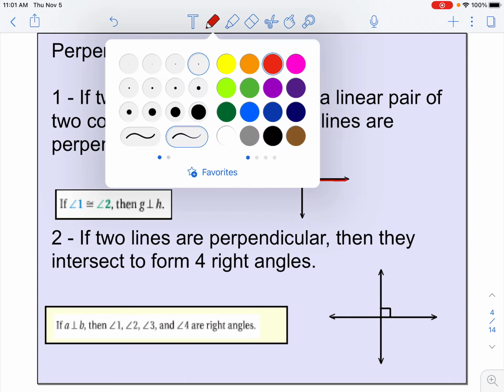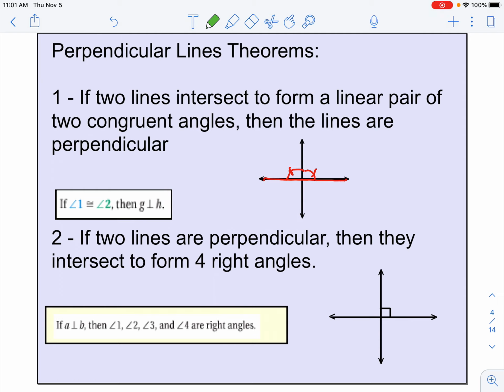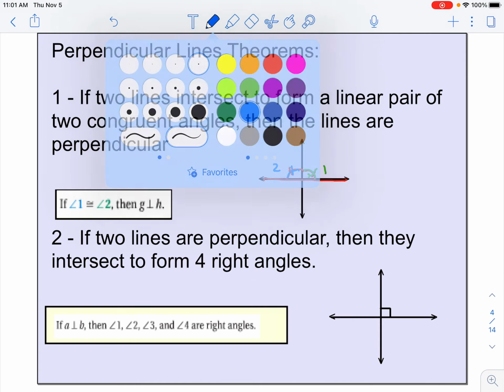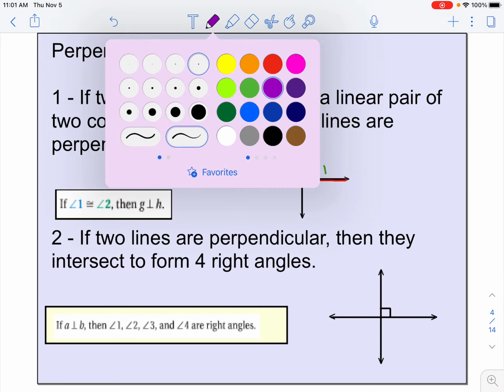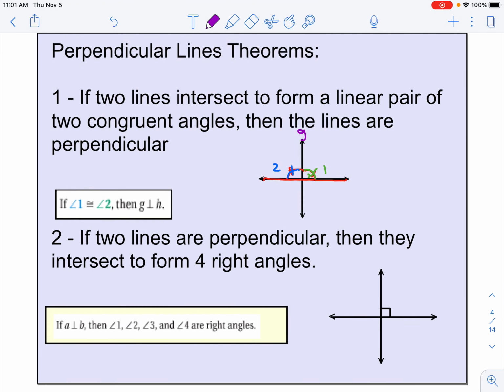What that would mean then is that if the measure of angle 1 and the measure of angle 2 are congruent, and we have a linear pair, then we know that line G, we'll call this G, and line H are perpendicular. So now we can say that this is perpendicular.